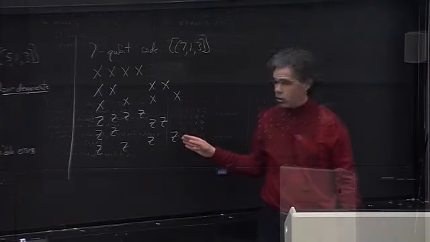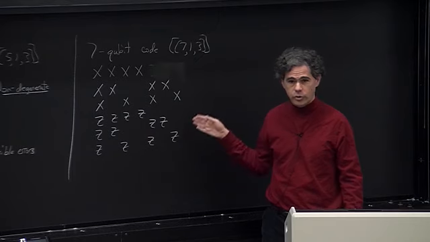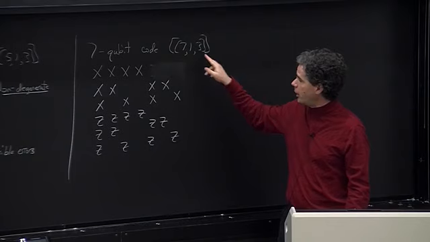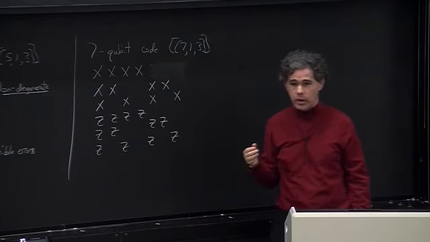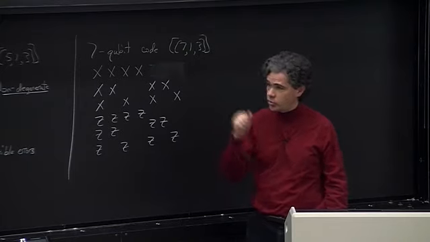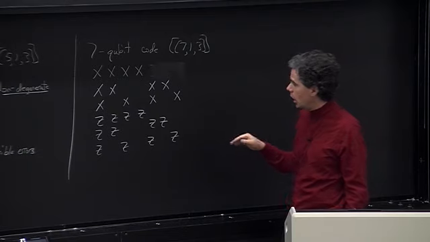So the 7-qubit code, 6 generators, 7 qubits, therefore 1 logical qubit. So that gives you the 7 and the 1. The 3, again, is a little more complicated. But in this case, it's derived in a nice systematic way. Actually, you can do that for the 5-qubit code too, but I didn't.